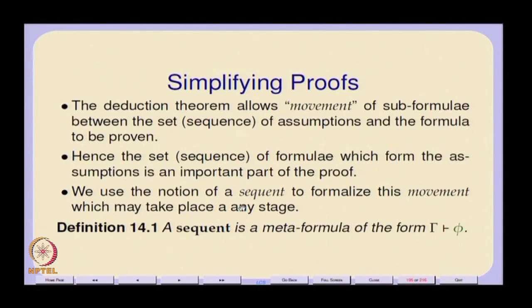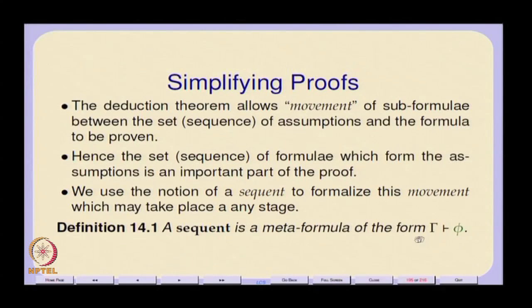A sequent is also a metalinguistic formulation, and it will allow us to clearly specify at each stage what is on the left side of the provability symbol and what is on the right side of the provability symbol. So, a sequent is a meta formula of this kind. We will incorporate the turnstile and the assumptions directly into our notion of proof.